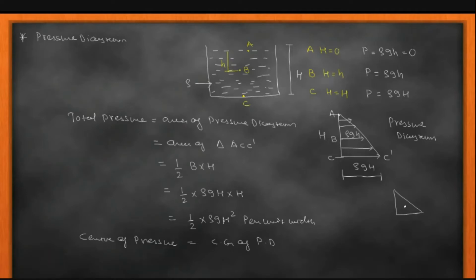So our CG is located over here, and suppose the height of this triangle is H, it is located at H by 3 from the bottom or from the base, and from the top it is located at 2H by 3. So we get here H by 3 from point C, or we can write that it is equal to 2H by 3 from point A.